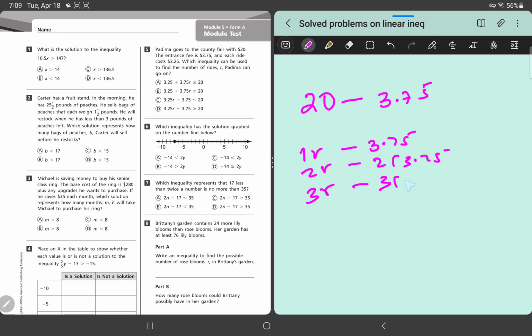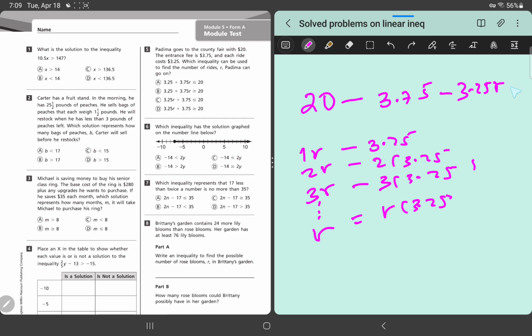It is 3 times 3.25. So when you come to r rides, it's going to be r times 3.25. So minus 3.25 times the number of rides must be not greater than, should be 0 or greater than 0.